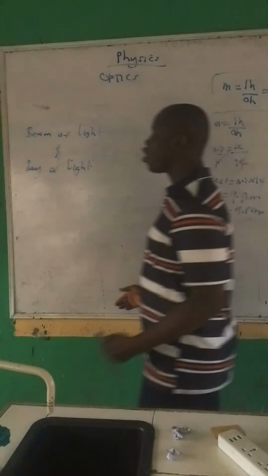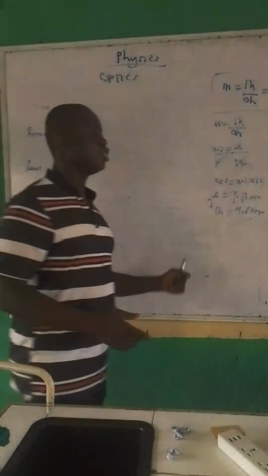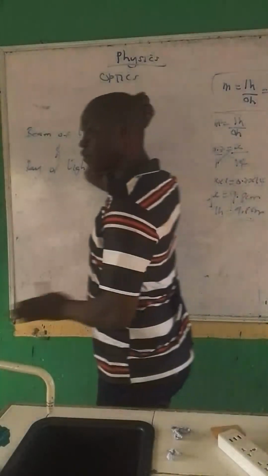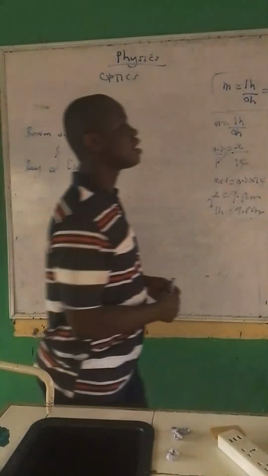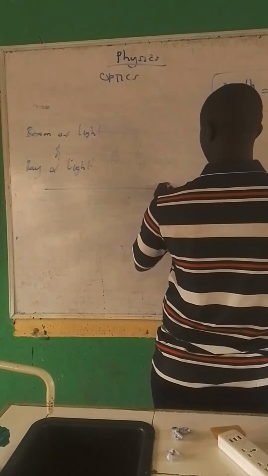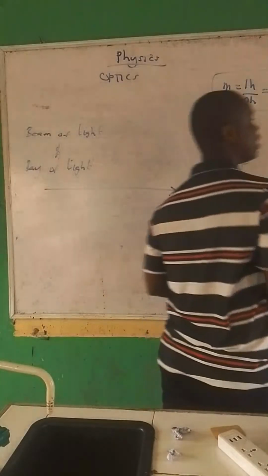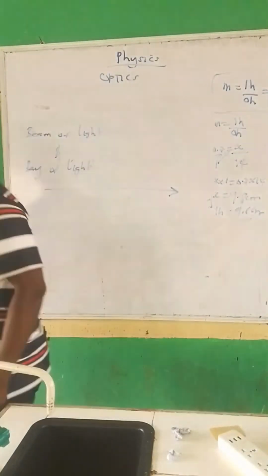Now, the ray of light is a path where light travels. The path provided for the traveling of light is what we call a ray of light, and it is represented by a straight line with an arrowhead. The arrowhead indicates the direction of travel of light.